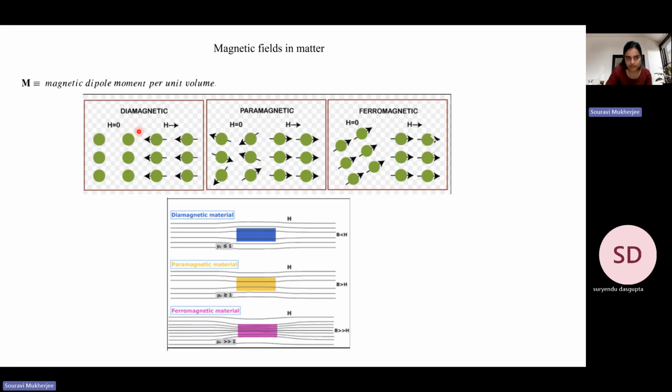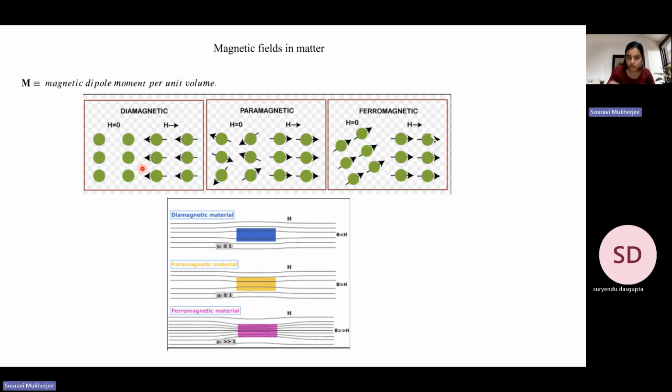So for a diamagnet, what happens is when there is no external magnetic field, there is no net dipole moment. And when you apply a magnetic field, the loops that get generated, the moment that gets generated inside, is opposite to the direction of the applied magnetic field. And that's why the net magnetic field inside a diamagnet gets reduced.